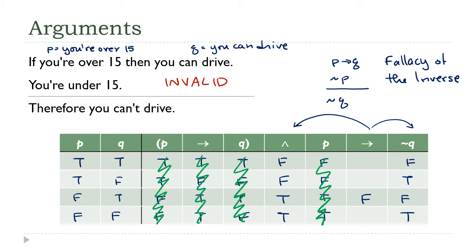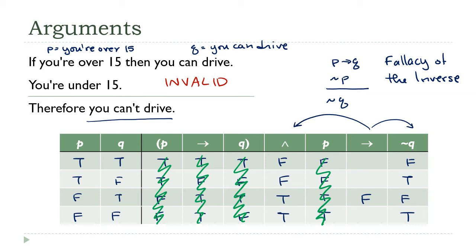For example, in the state of Florida, where I live, it's a very agricultural state, so there's a law that says if you're under 15, you actually can drive an agricultural vehicle for short distances on public roads. And that's kind of the problem with this. It doesn't tell us anything about what happens if you're under 15, so we can't come to this conclusion based just on what we know.